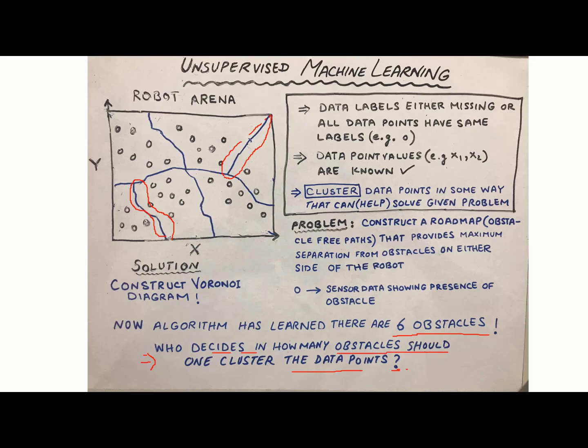And a natural answer to this question might be the prior knowledge of the arena and some other information about our system, such as the robot. How big is our robot? Because if the size of the robot is large enough, then it may be very difficult to make it pass through a path where the obstacles are very close by.